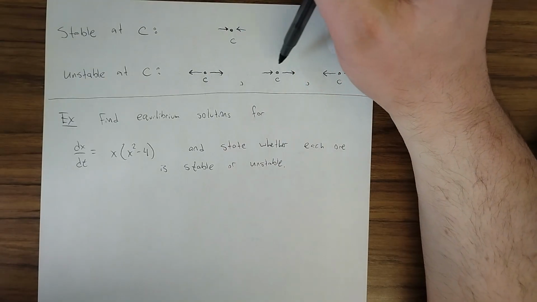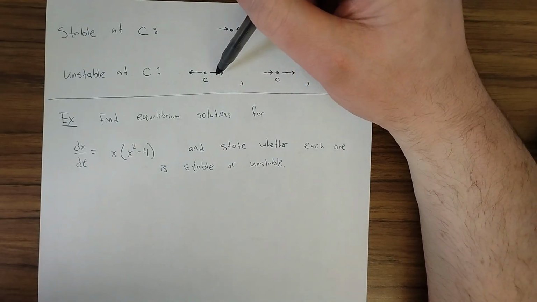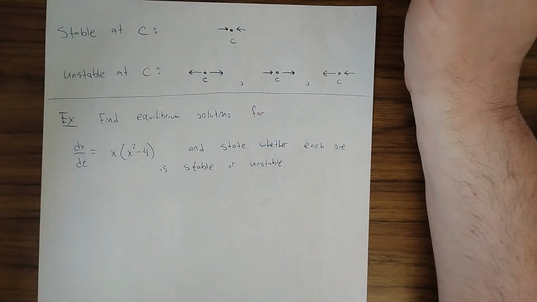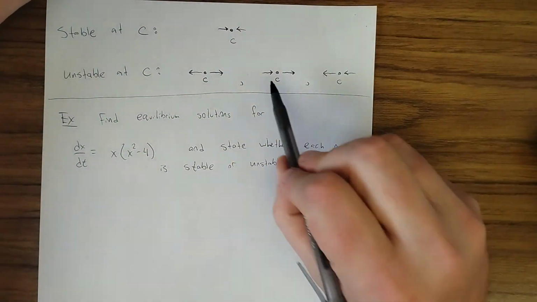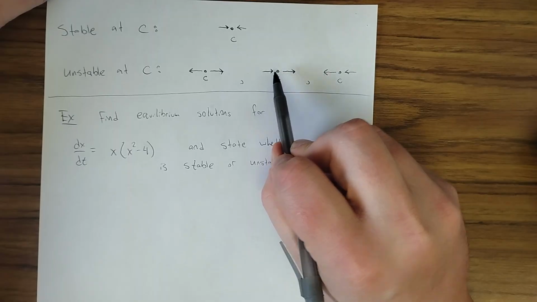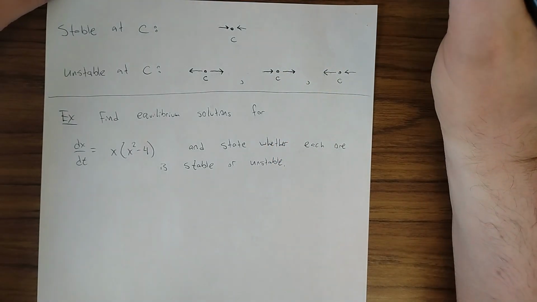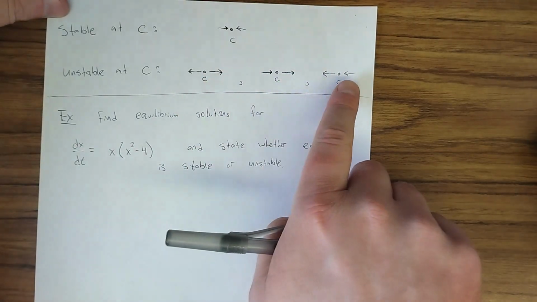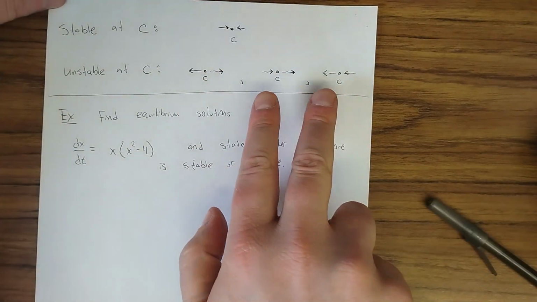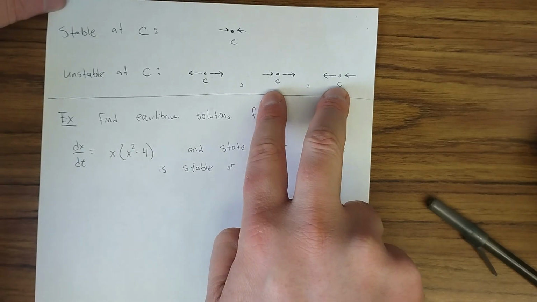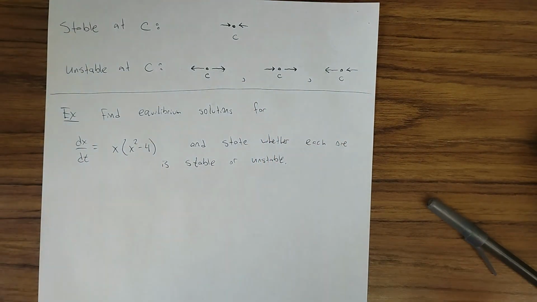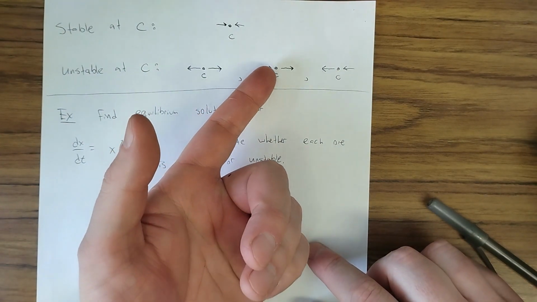Unstable is any other situation. Typically, in an unstable equilibrium, you'll see both arrows pointing away. However, there's plenty of examples where one arrow points towards c and the other one points away. By the way, we're going to call all of these unstable. Some people call these semi-stable, and there's a reason for that. I'm not really going to use that phrase except for right now, just to explain.